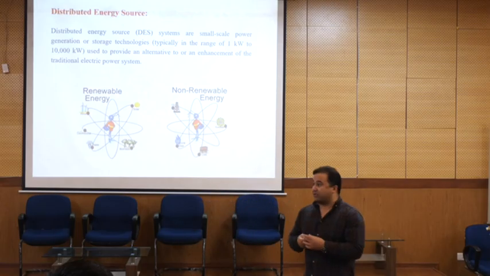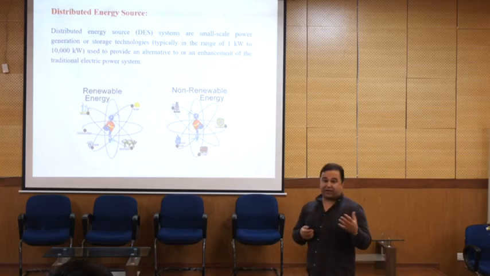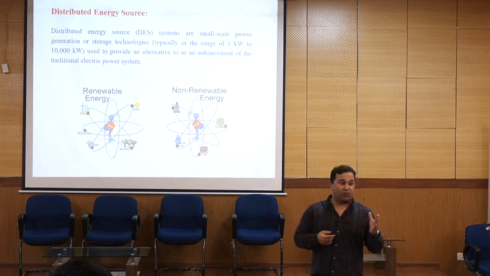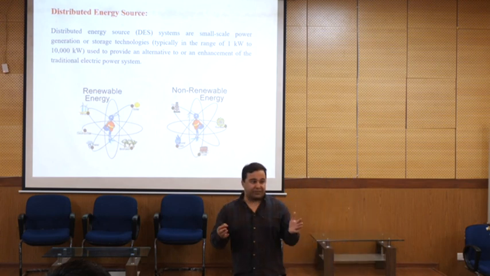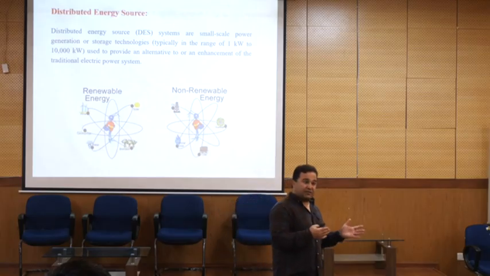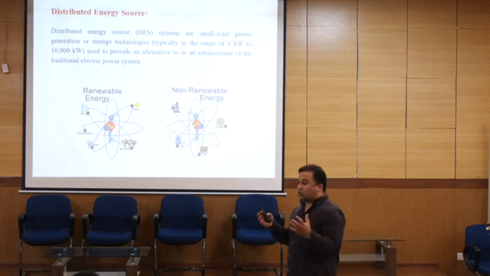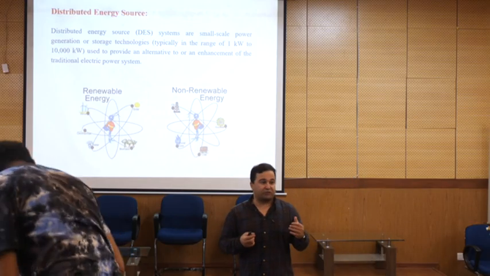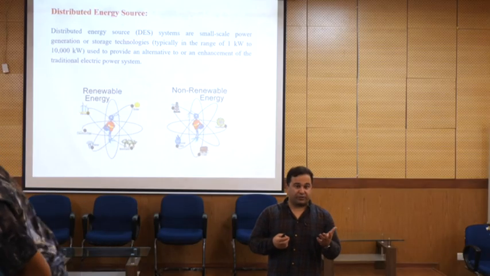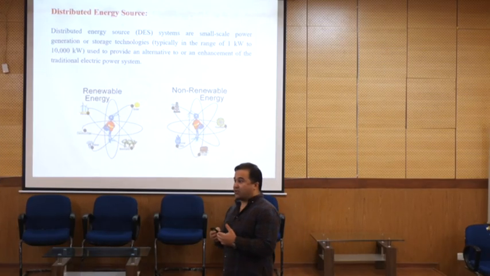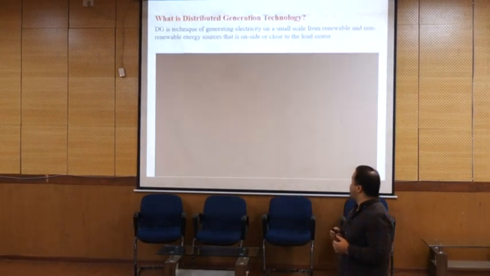So a small battery can be considered a DG, and also a solar farm which provides support for the distribution company based on the forecast can be considered a DG.